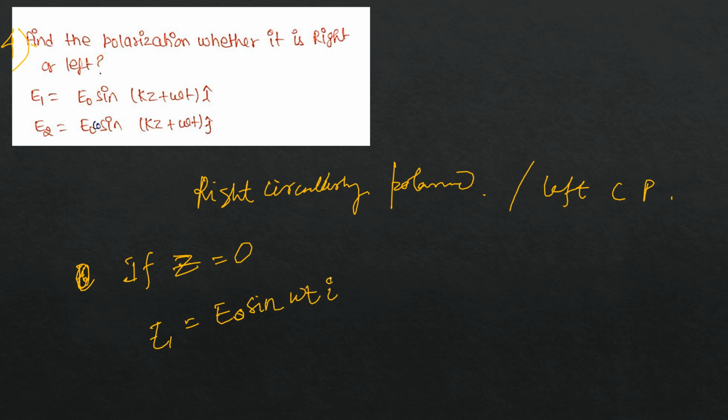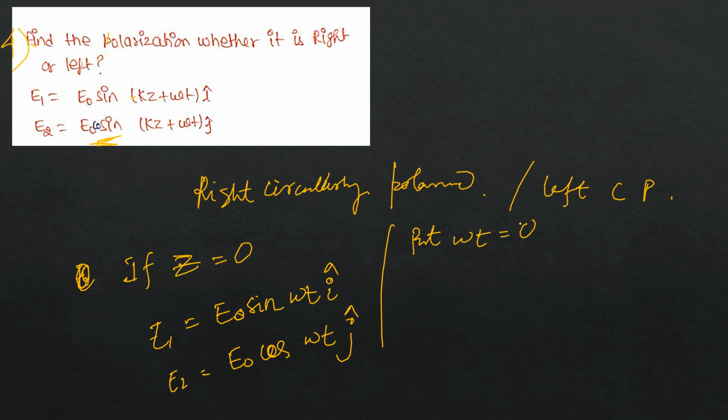omega t i cap, E2 is equal to E naught cos omega t j cap. This is cosine. Okay, that means cos. Here in the question, it's cos omega t j cap. So now let's put omega t is equal to 0.